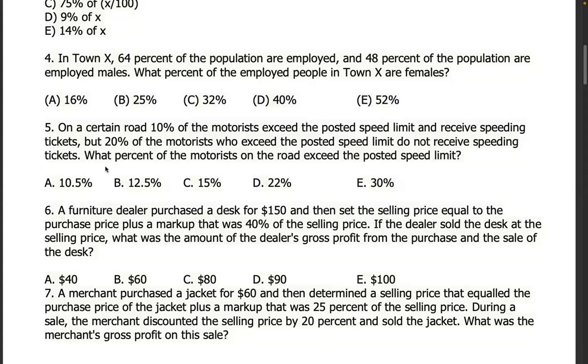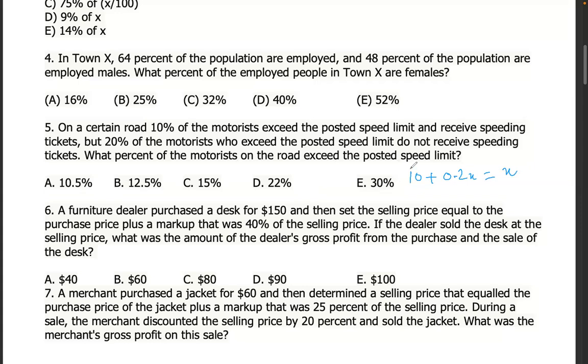So this goes simply, let's say total are 100, so out of that 10%. The tree method, or otherwise you can do it like this as well: 10 plus 0.2 of X is equal to X. Whatever value of X you get will be the percentage of motorists who exceed the limit. The tree method means a Venn diagram.